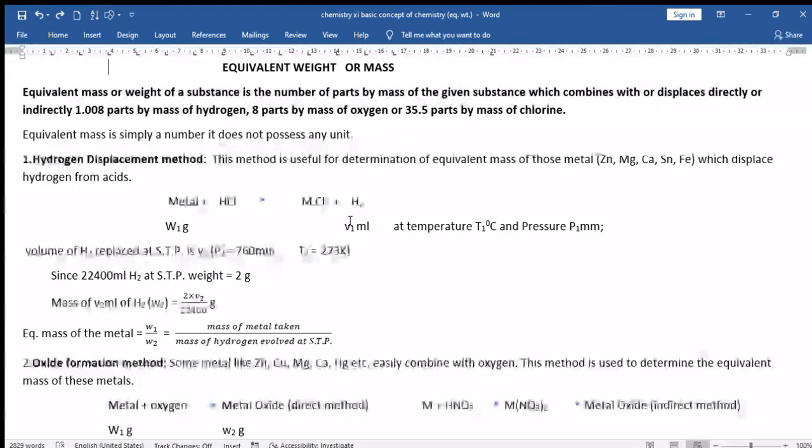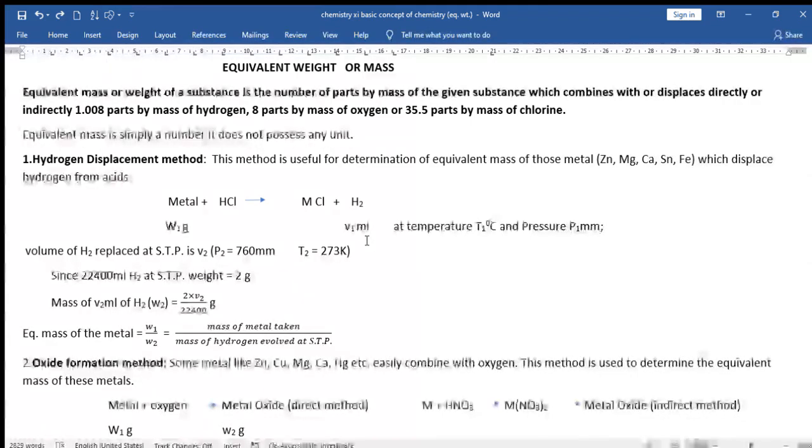But sometimes instead of mass, volume is given in the question. So, as it is given here, W1 gram of metal when reacting with acid will release V1 volume of hydrogen at temperature T1 and pressure P1.